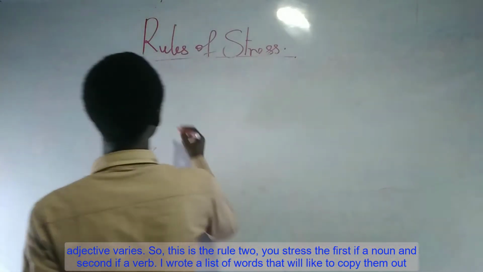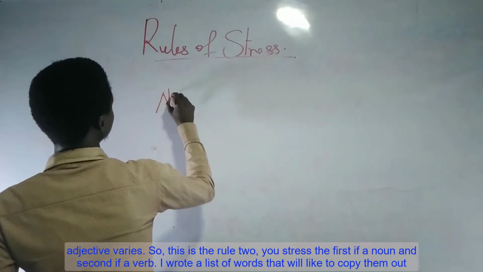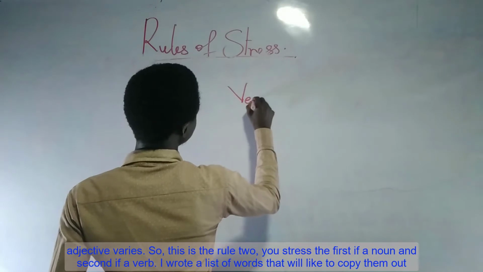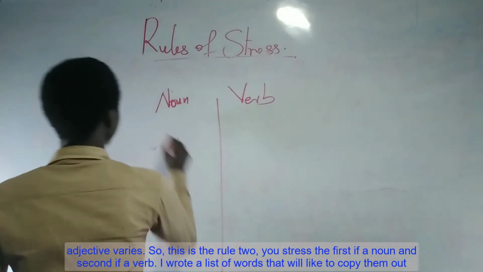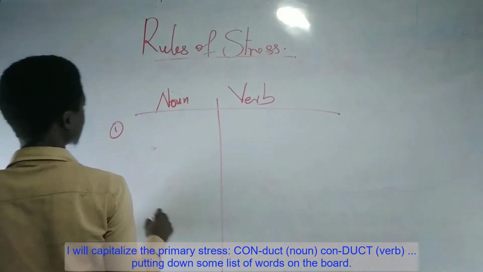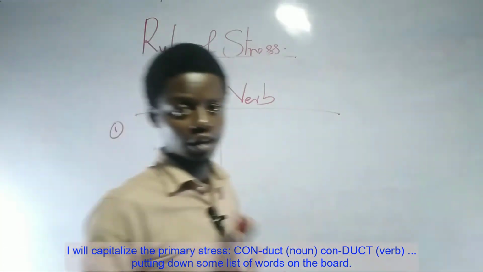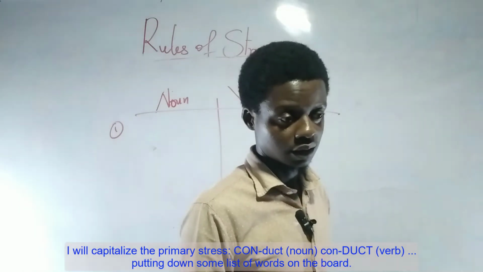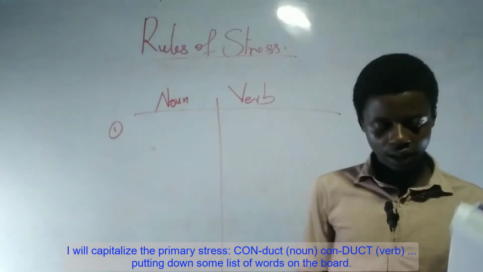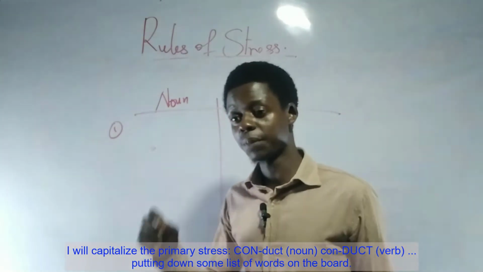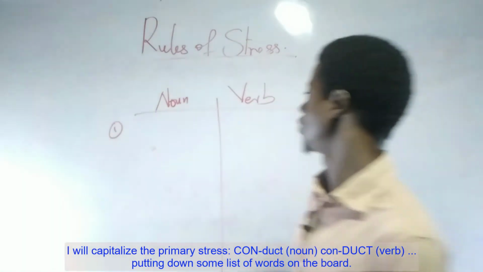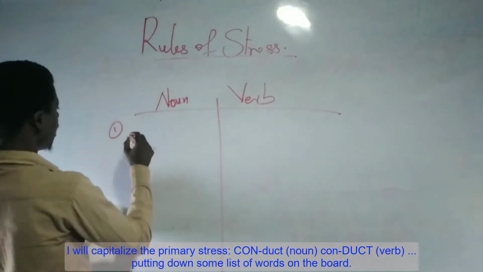So this is a noun, N-O-U-N, and this is a verb, V-E-R-B. Rule a line here, rule a line here. For a noun, the part that is meant to be stressed, I will put in capital letters. I will also show you how to find the point where a word is stressed in the dictionary. But for now, let's take an example.